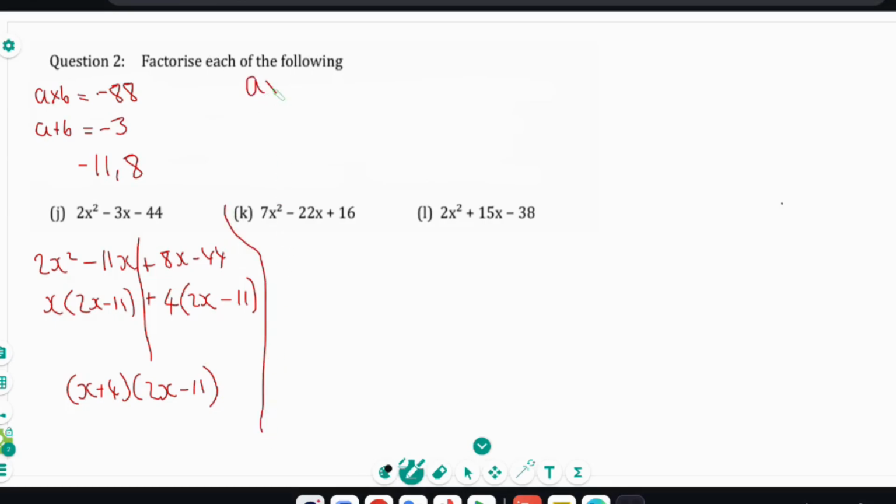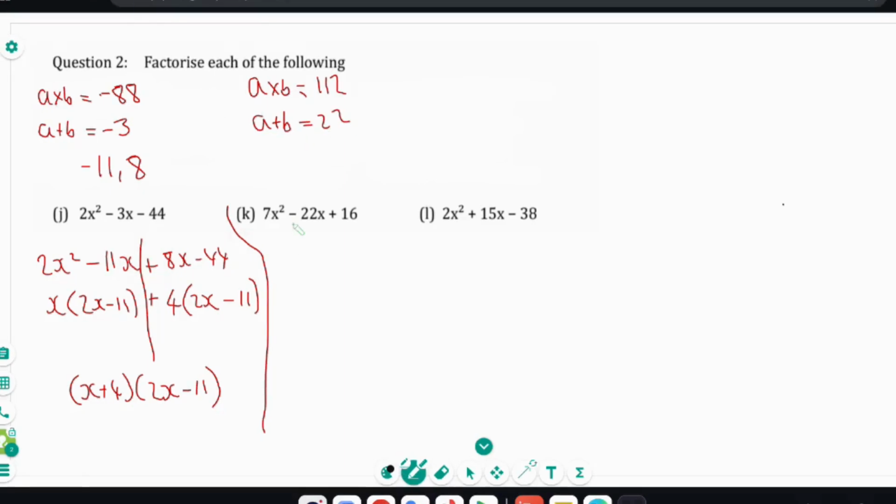Okay. 7 times 16, 112. Yeah, look, took me a little bit of time to figure that one out, but it's 14 and 8. Well, in fact, it's negative 22, so it's negative 14, negative 8. So 7x squared minus 14x minus 8x plus 16.